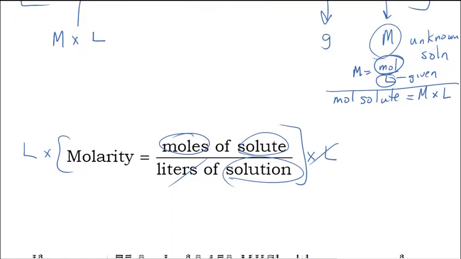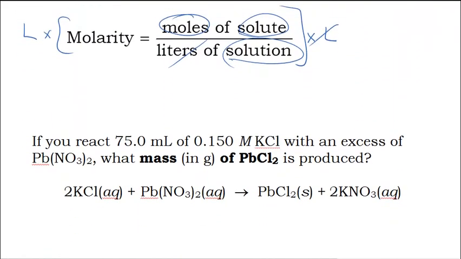So here's a problem. We're going to react 75 milliliters of 0.15 molar KCl solution. So that's here in the equation. I double-check that the equation is balanced, because you do need a balanced equation. We're going to react the KCl solution with an excess of lead nitrate.